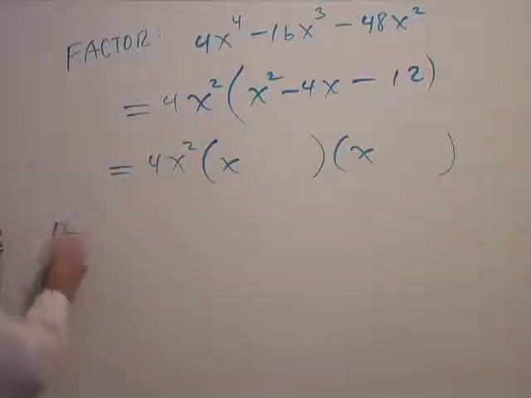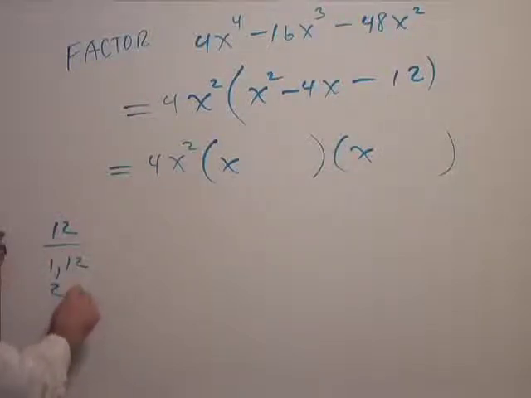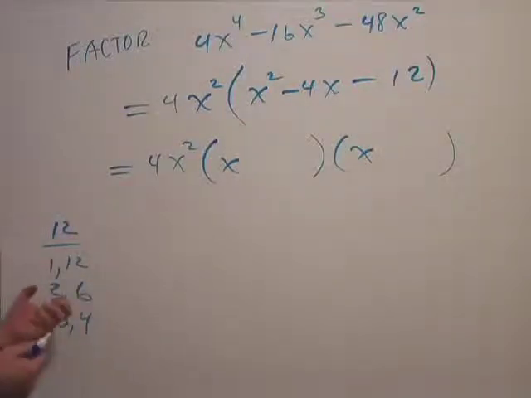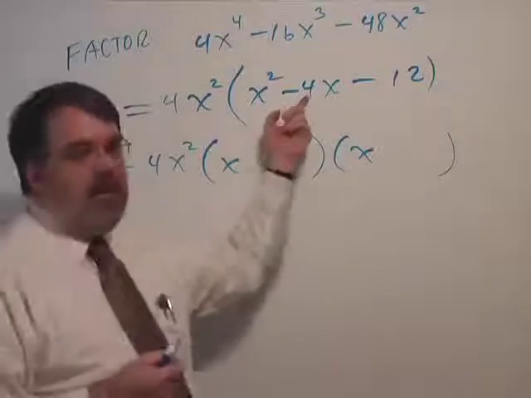The 12, and 12 is interesting because there's a couple ways to do it. 2 times 12, 2 times 6, 3 times 4. And looking here, which pair of factors could be either added together or subtracted to get a minus 4.